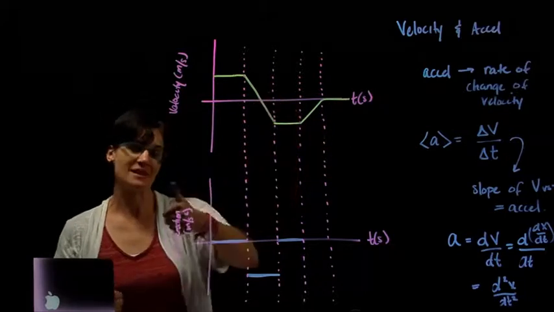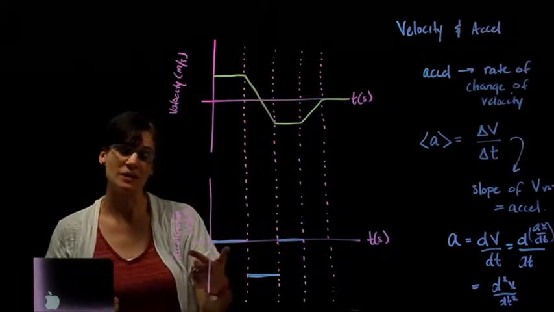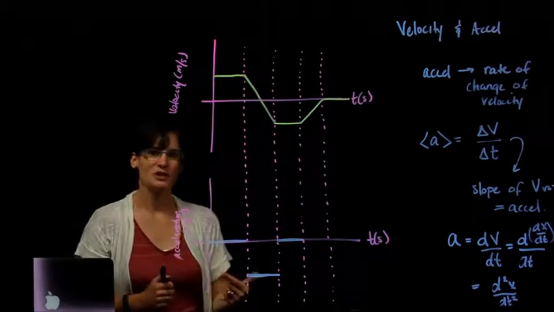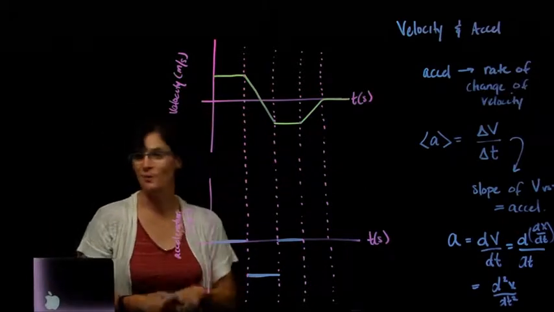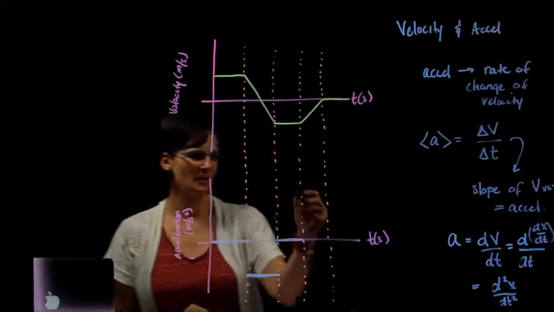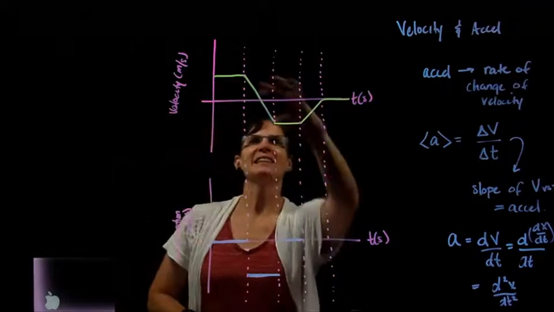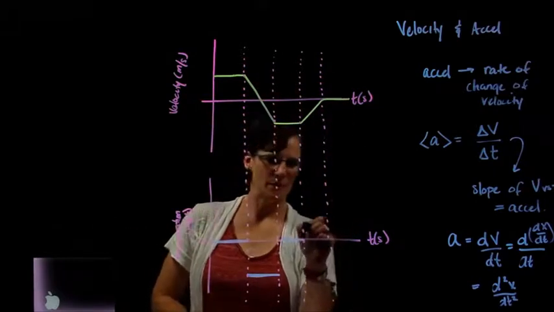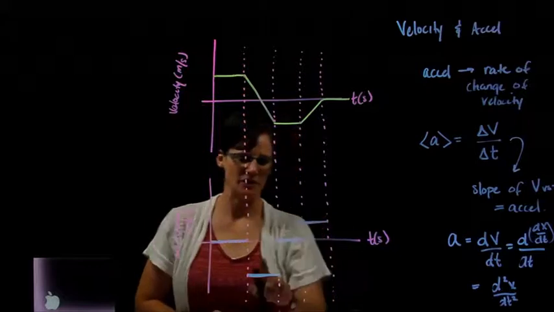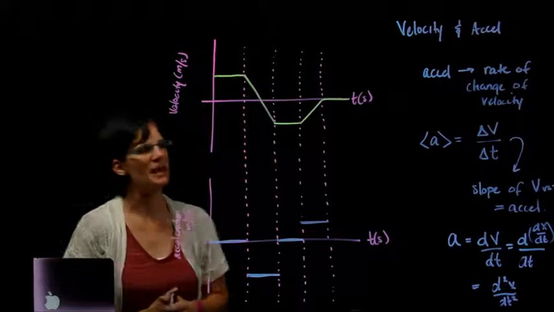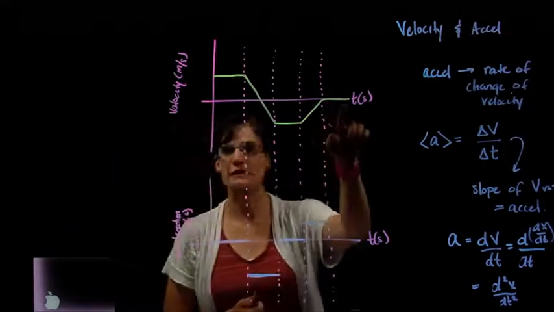If we're moving to the left, negative, and we're slowing down, the acceleration and the velocity have to be opposite. The acceleration should be positive. The slope of our velocity time graph is positive, and so that is consistent. And this might be a little shallower, so I'll make it a little less of an acceleration than my negative acceleration. Great, and then the last time point, of course, we are at 0 velocity.